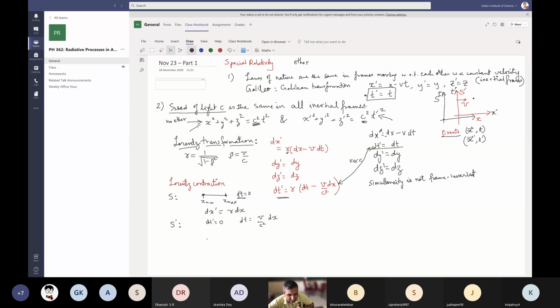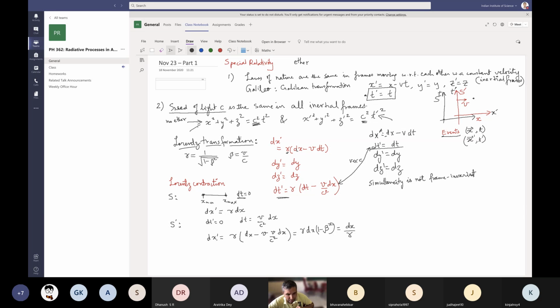If dt prime is 0 and dx prime equals gamma dx minus v dt, which is v by c squared dx, then this is equal to gamma dx times 1 minus beta square. 1 minus beta square is 1 by gamma square. So this is equal to dx by gamma.